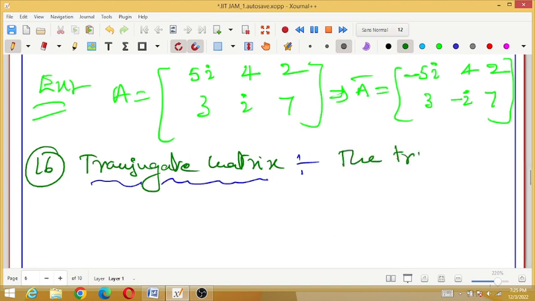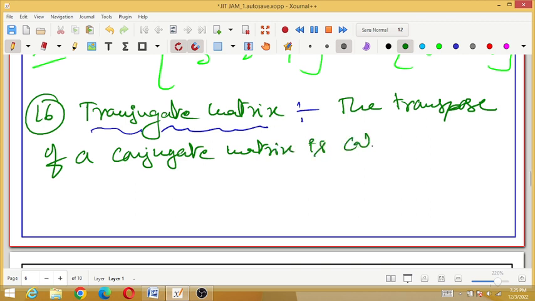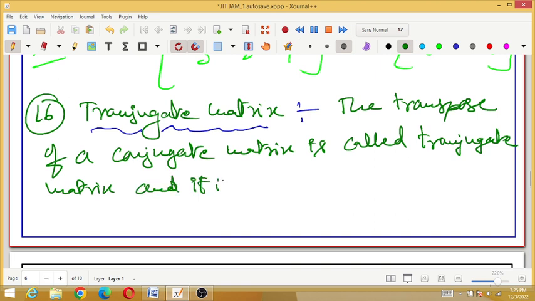So the transpose of conjugate matrix, this transpose of conjugate matrix is called transgate matrix, and it is denoted by A theta.